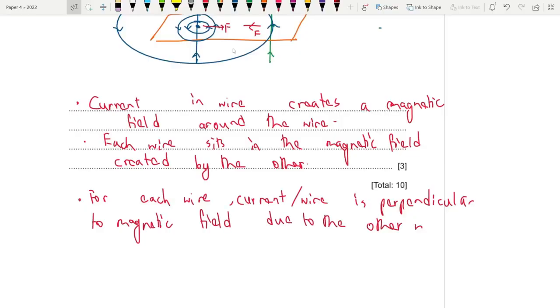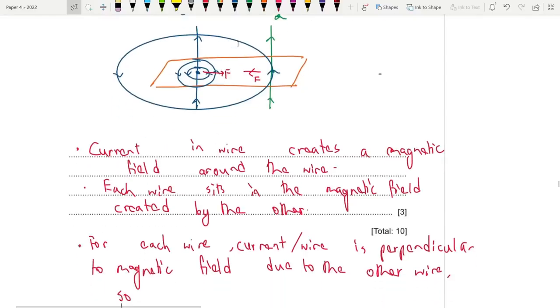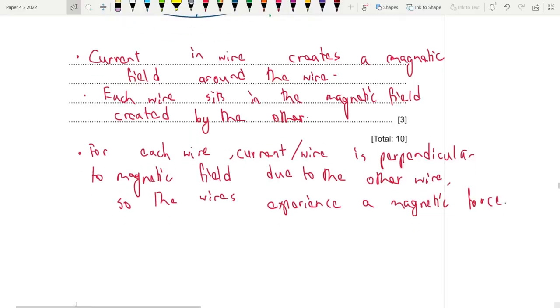Okay, so the wires experience a magnetic force. Hopefully that clarifies. All right, there we go.